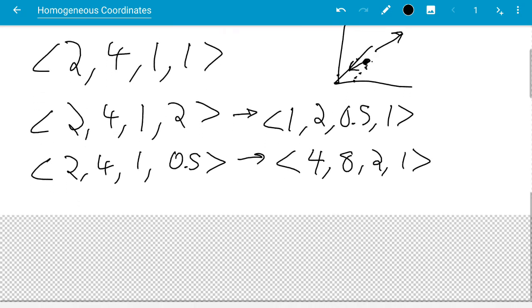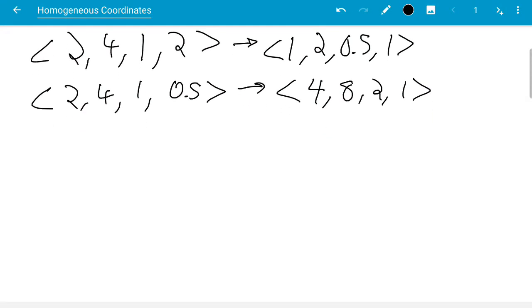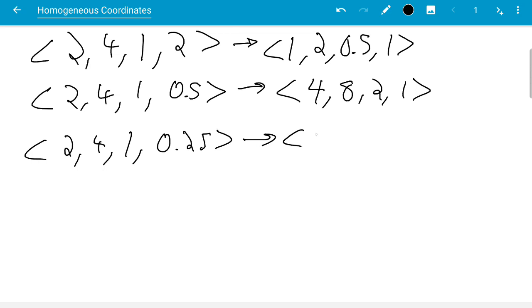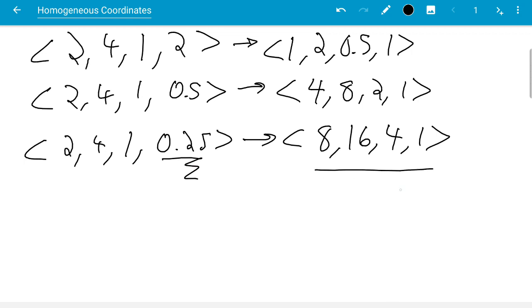So now let's keep going with this. Let's say we have a point 2, 4, 1, 0.25. So this is going to normalize to be 8, 16, 4, 1. So everything is being multiplied by 4. And you'll notice as we get smaller and smaller, closer and closer to 0, these numbers are getting bigger and bigger. They're getting farther and farther away.